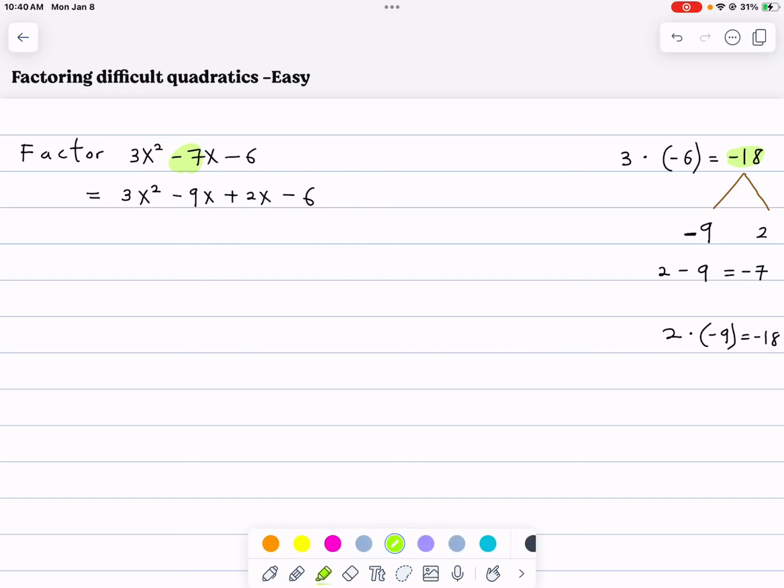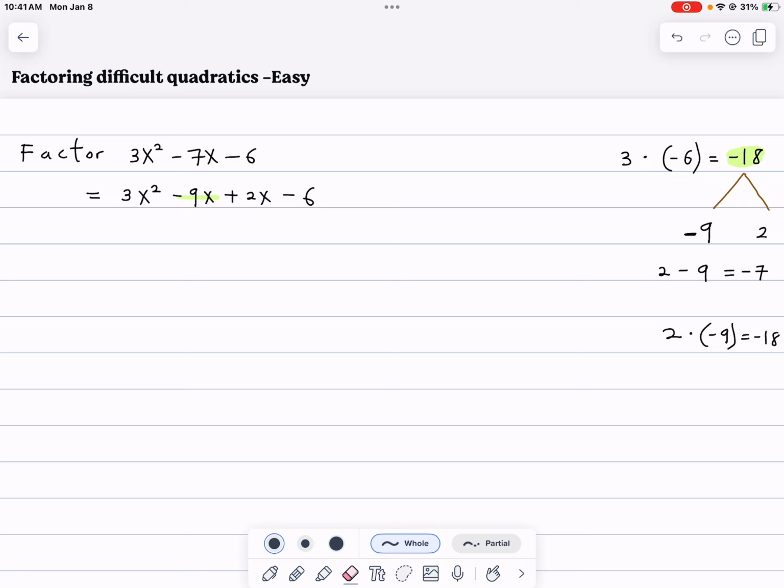If you observe this middle term, if you add them together, they give you back the middle term here, which is negative 7x, right? So basically the two expressions are the same, but I just rewrote them in a different way because I want to factor. So I believe it's clear up to this point.